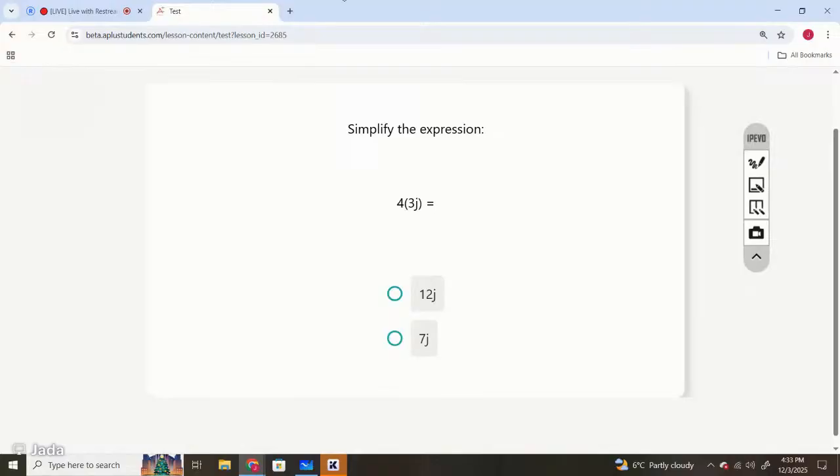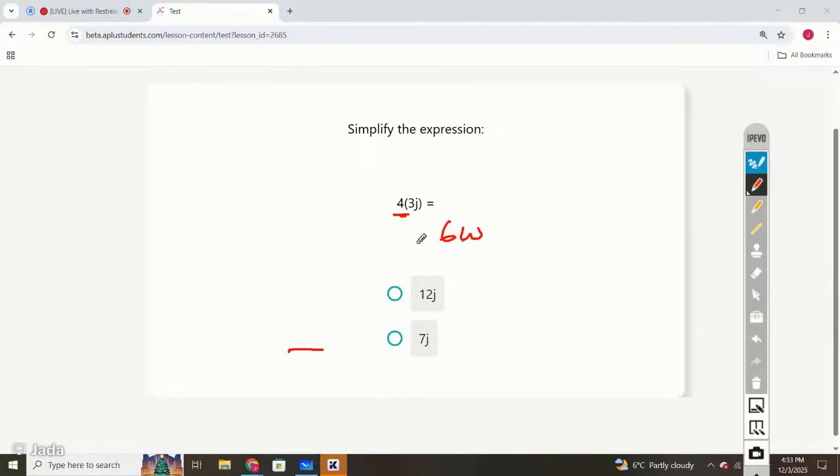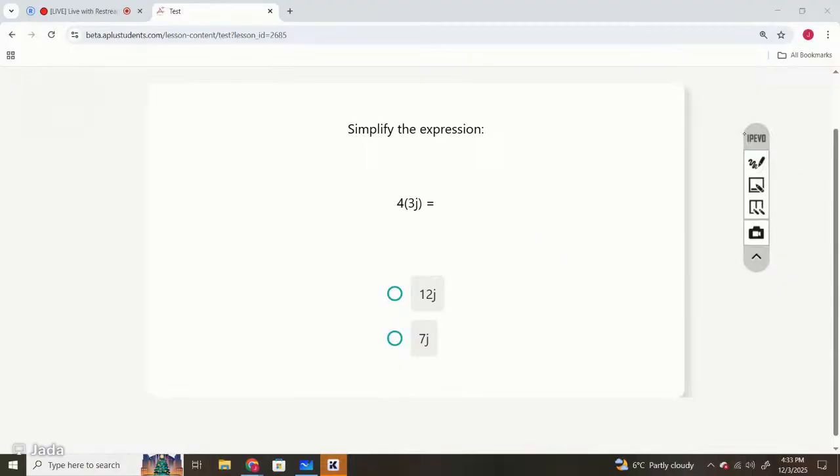Simplify the expression 4 times 3j. 4 times 3 is 12. That is 12j. Option number 1 is the correct option.